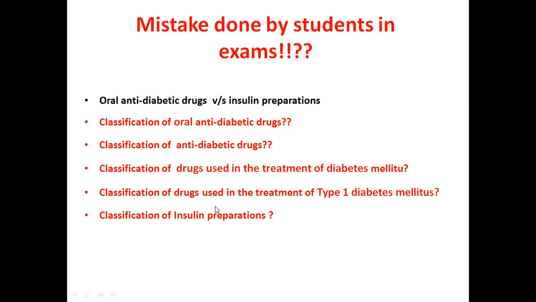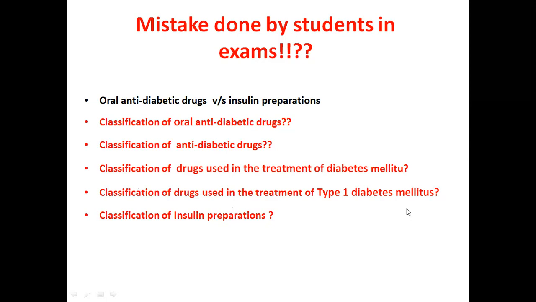And if they ask classification of drugs used in the treatment of type 1 diabetes, again, in type 1 we are using only insulin preparations. Even though pramlintide is approved, the mainstay of treatment for type 1 diabetes is insulin preparations.